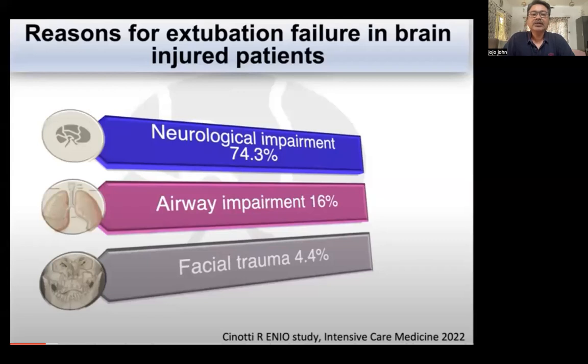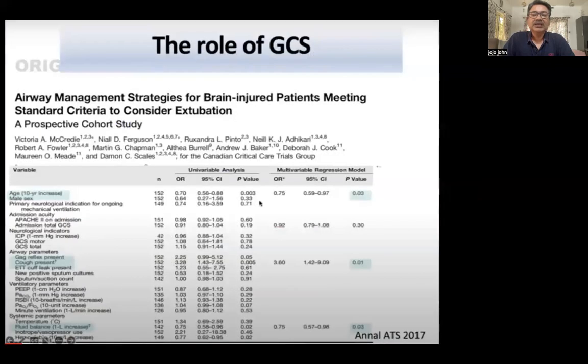The commonest cause for extubation failure in these patients is neurological impairment. When I say it is neurological impairment, it is not exactly GCS. In this paper published in ATS and in other papers, when they look at GCS as a predictor of extubation success, it is not a strong predictor.